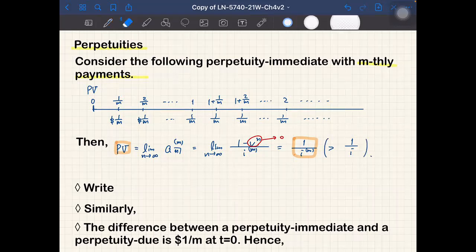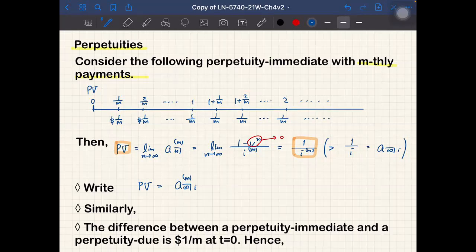So we write this PV as a angle infinity superscript m. Maybe we put i here. Sometimes i is dropped.